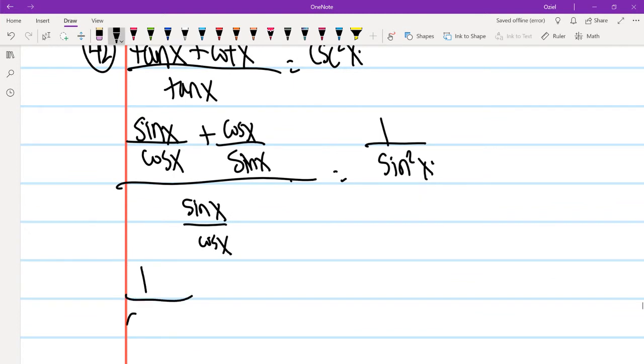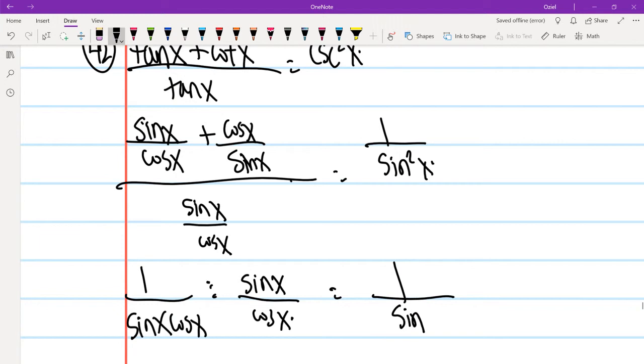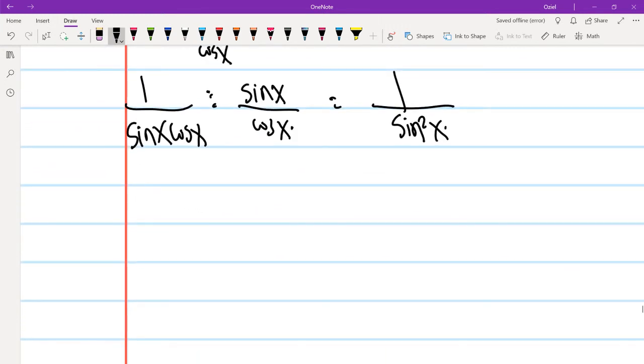So we have 1 over sine of x cosine of x divided by sine of x over cosine of x equals 1 over sine squared of x.